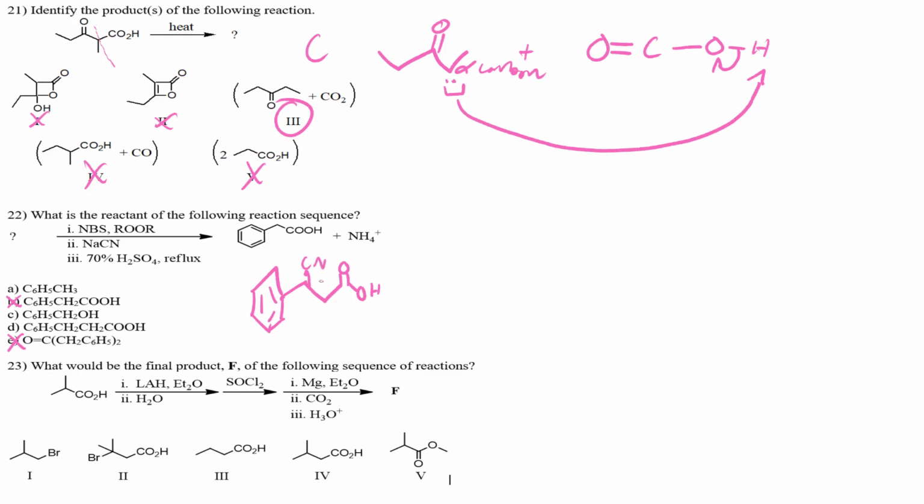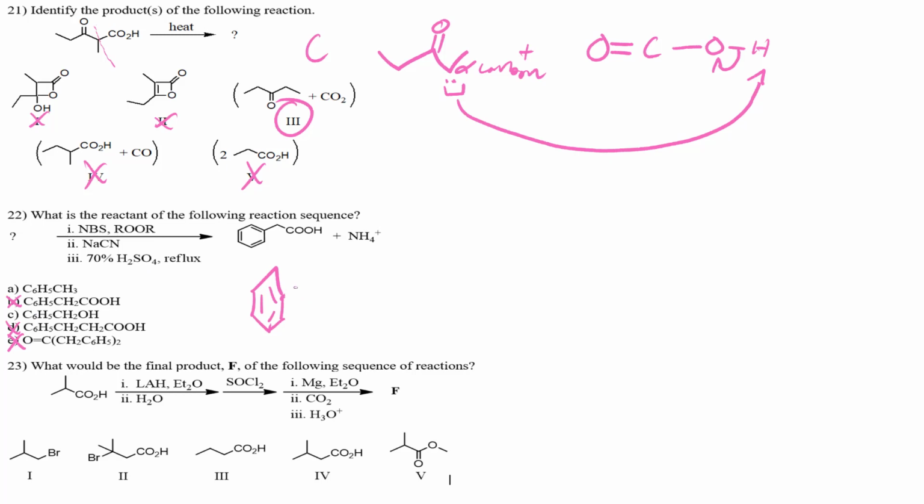But we already have a carboxylic acid, so what's the point? And plus, we have too many carbons, right? We only need 1 carbon right here, but over here we have 2 carbons. That's not good. So already we can see that answer choice D would be incorrect, as too many carbons. And it already has a carboxylic acid. So answer choice D would be wrong.